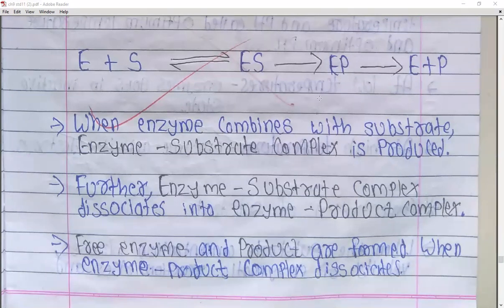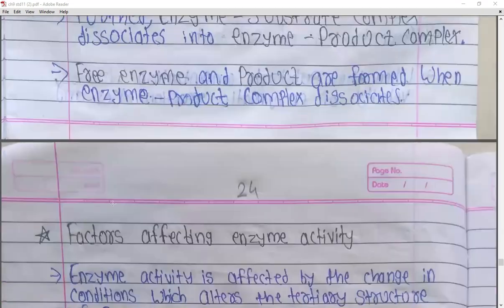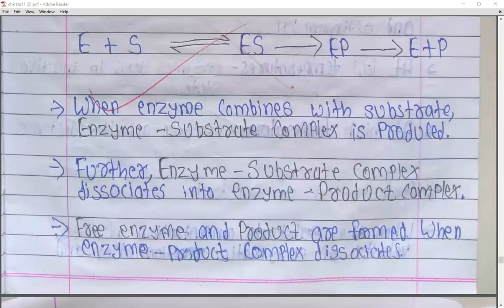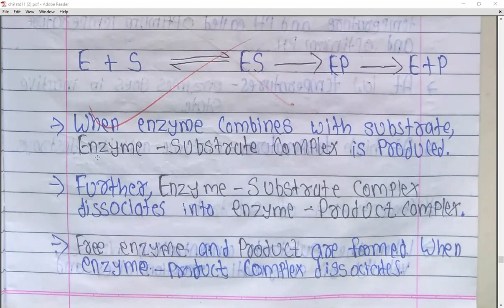Next, upon dissociation of this EP complex, a free enzyme, that is E, plus the product is formed. So this is about the enzyme action which is taking place. You need to write these 3 steps.